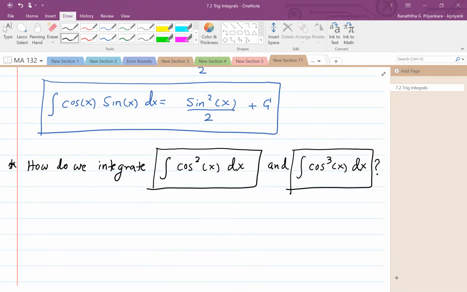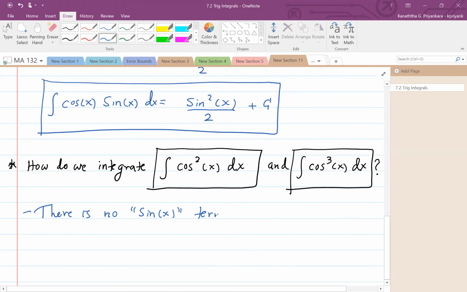In this problem we don't have sine x terms. If we had sine x, then we could use the u substitution method. There is no sine x term laying around for a clever u substitution.